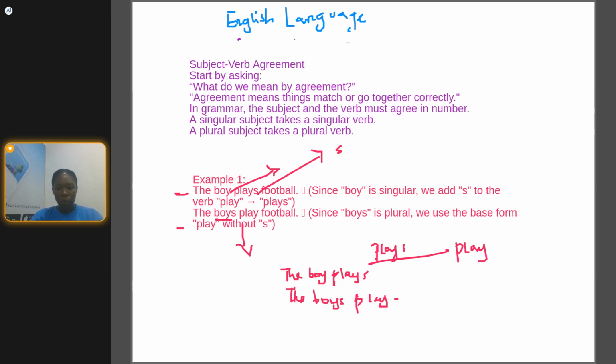I'm going to wipe off the board now. All right, so like I mentioned, rule two is I and you take the plural verb.